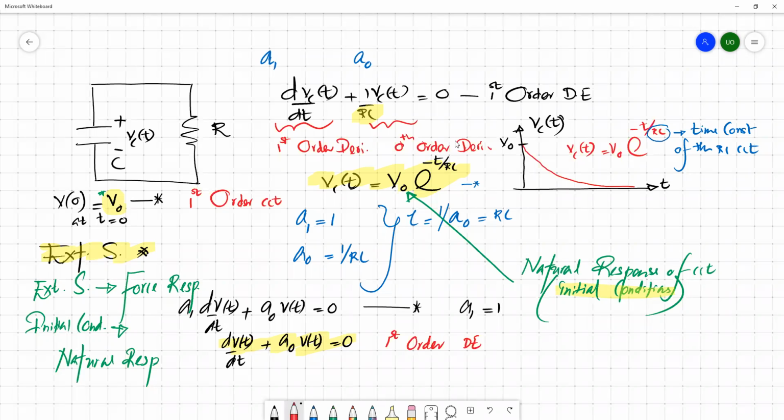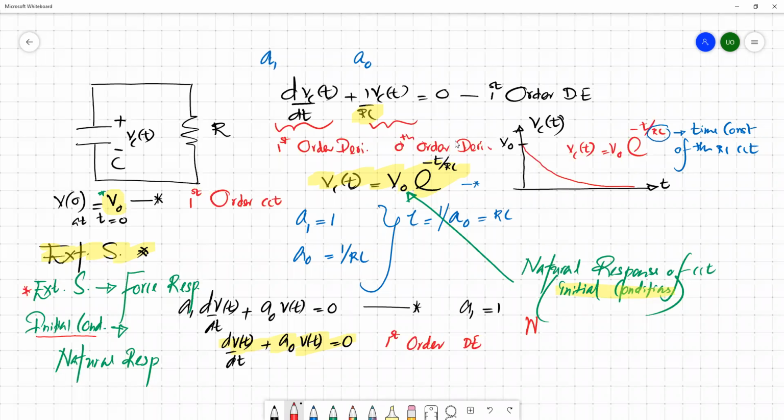The forced response comes from the external sources, and the natural response comes from the initial conditions of the circuit. The circuits we are referring to now do not have external sources, so the solution for this first order differential equation will end up with natural response only.